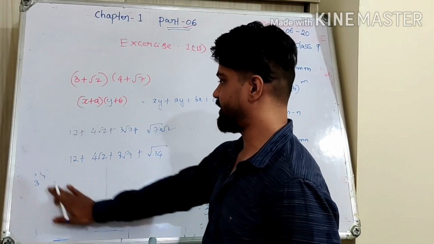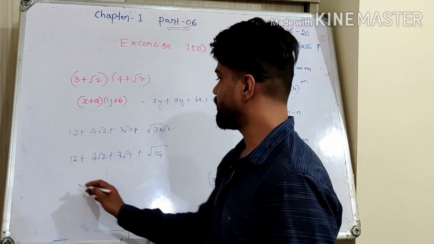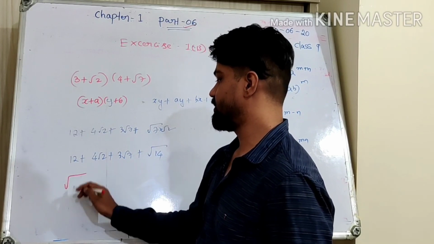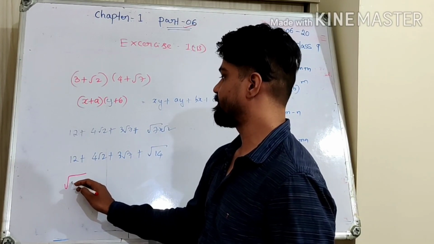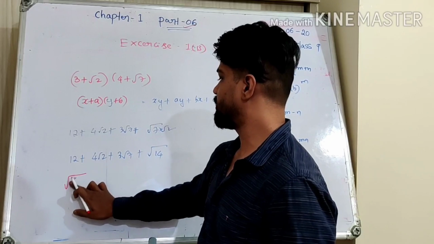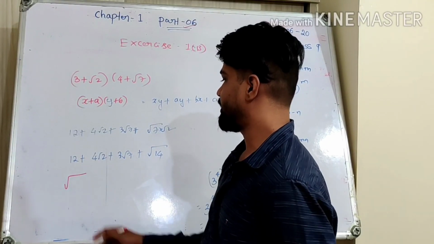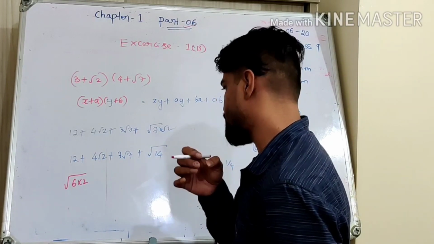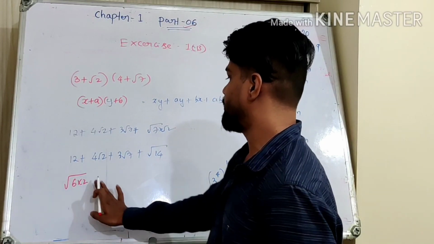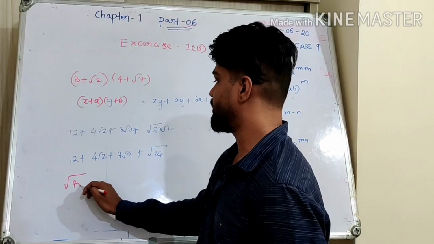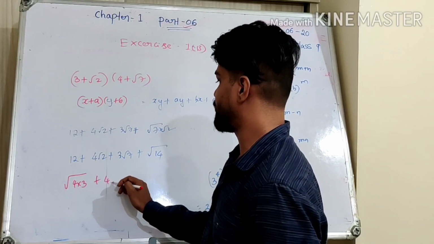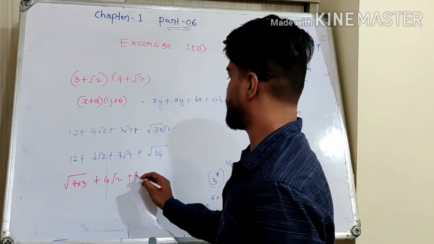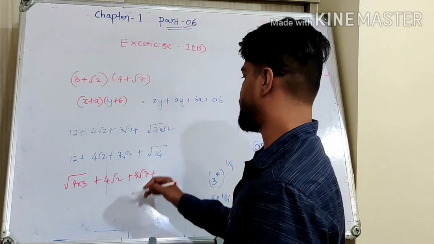So 12 can be written as 6 into 2, or we can even write it as 4 into 3. This is 4 root 2. This is 3 root 7.